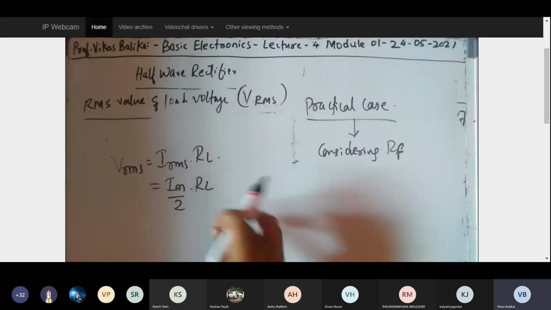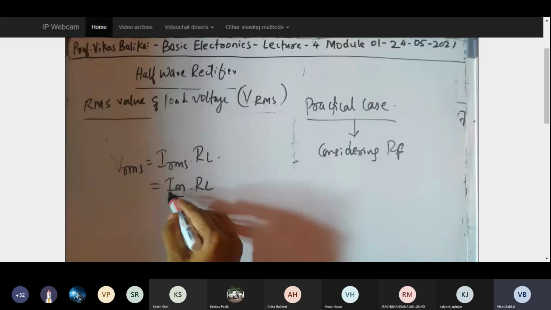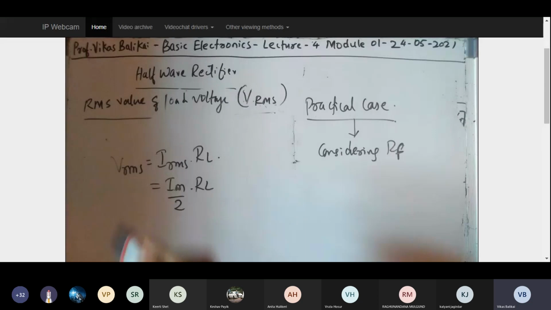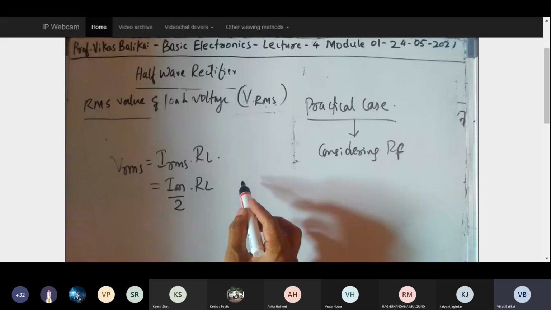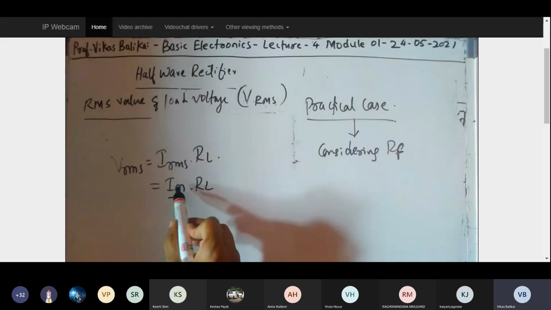Your RF is directly connected with the current. Why? Because the resistance that is offered to the flow of current is what I call the forward resistance. And I cannot be writing RF as a separate entity over here. Whatever RF I am writing should be linked with my Im, that is the maximum current flowing in your diode. How do I link that?